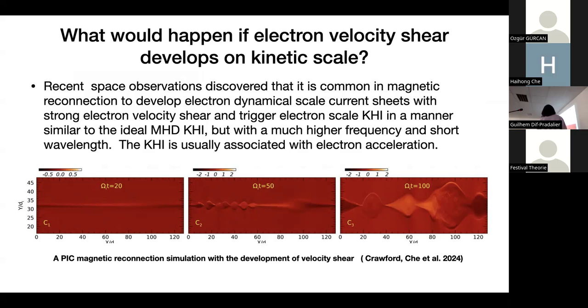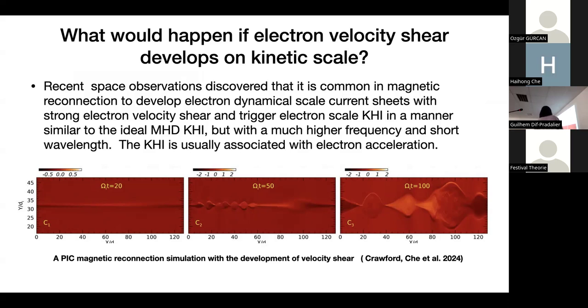This is a demonstration of the electron velocity shear in magnetic reconnection from my particle-in-cell simulation. This is the V_ex, where x is horizontal.